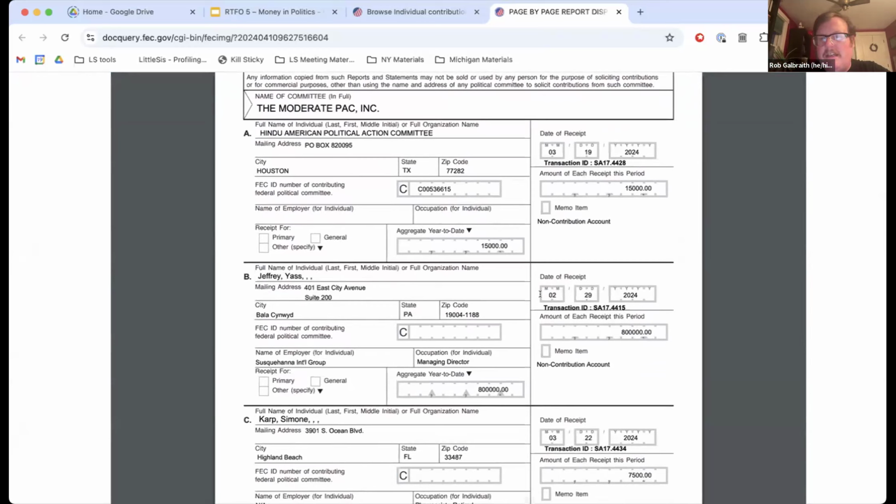It shows the date of the receipt right here on the right, the amount of the receipt, as well as a year-to-date aggregate. So if this was his second $800,000 donation, for example, this year-to-date aggregate would show like 1.6 million. But for here, this is the first one.